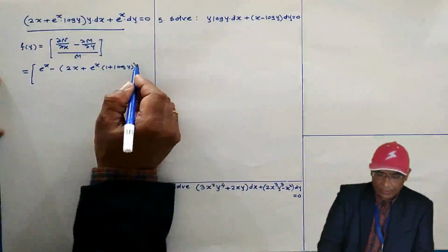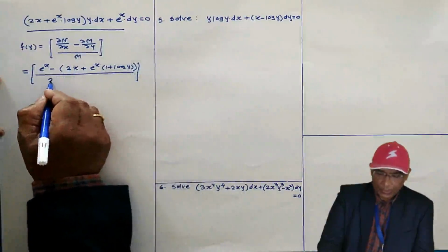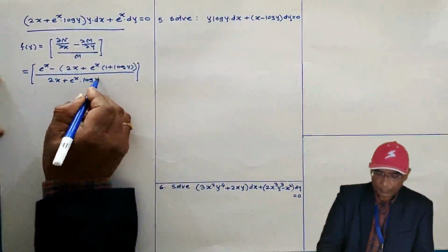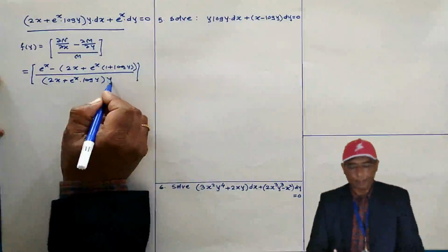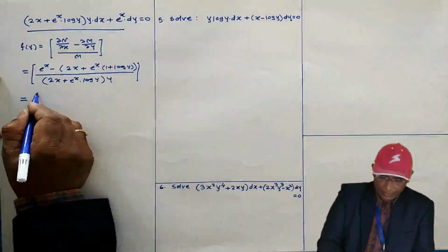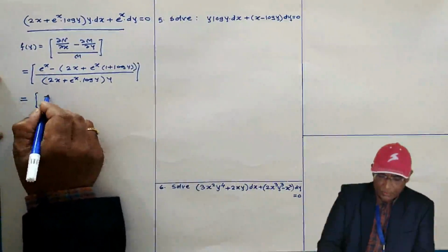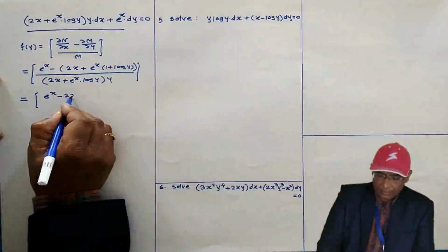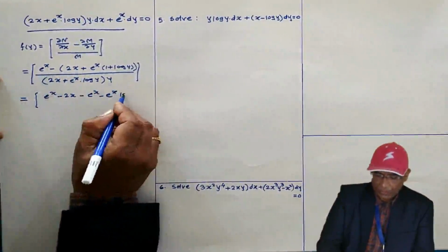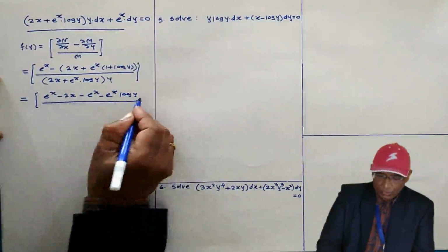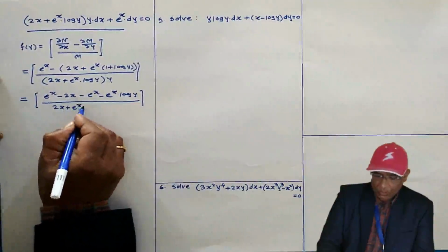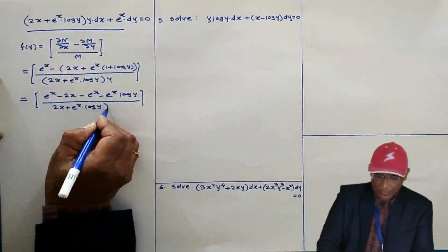This is divided by 2x plus e power x log y multiplied by y. So try to simplify it fully. If some cancellations are there, that is the way to proceed. E power x minus 2x multiplied by minus 1 minus e power x log y. It is simplified fully. 2x plus e power x log y, outside of the bracket y is present.